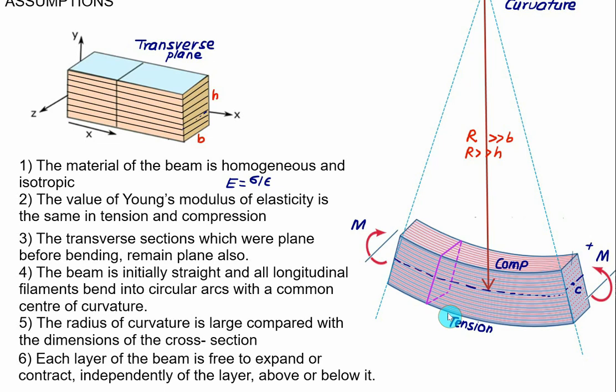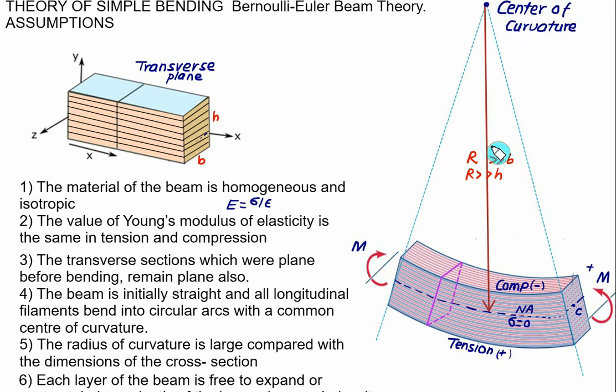If the length increases, it is called tension, otherwise it is called compression. So this one will be taken as a negative value and this as a positive value. So somewhere we have a stress equal to 0. That is called the neutral axis or neutral plane. And the position of the neutral plane is at a distance equal to r, where r is called the radius of curvature.